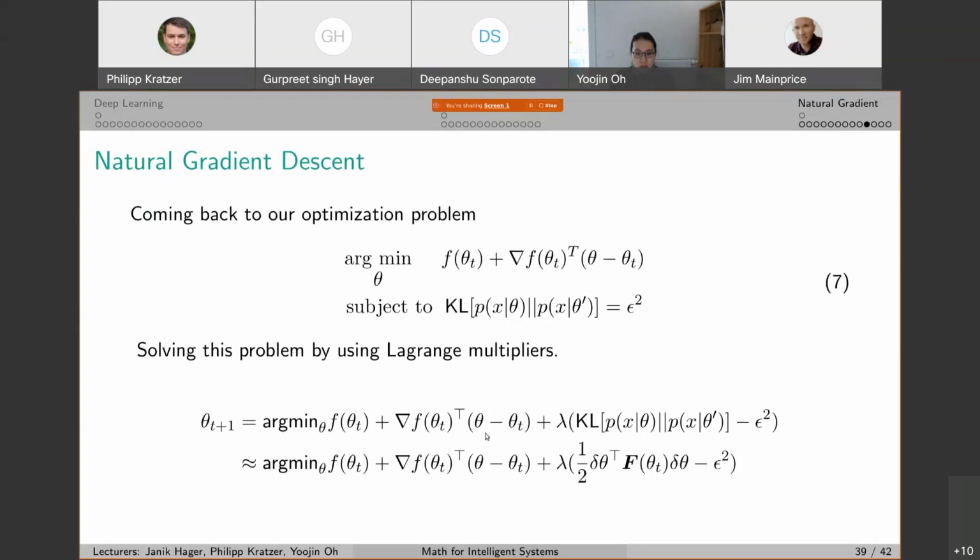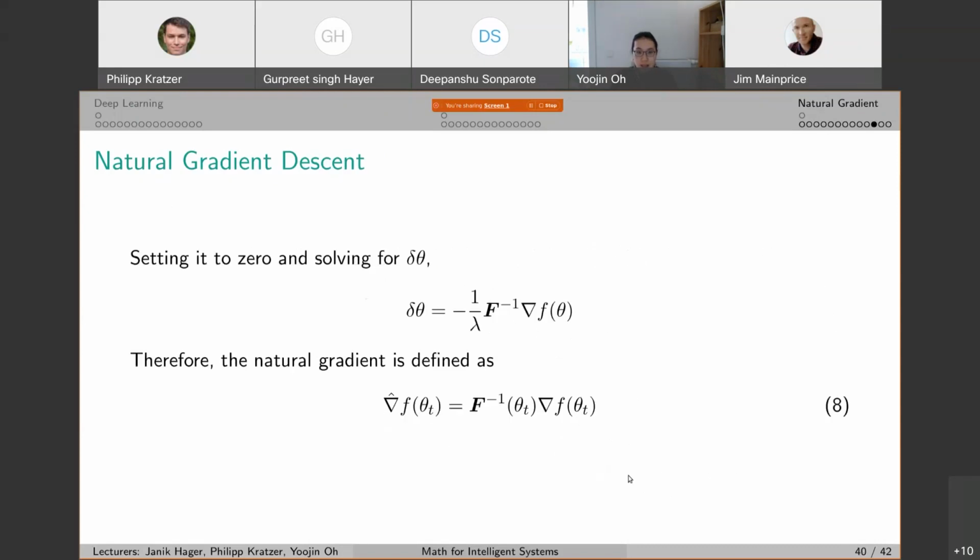Similar to what we do for gradient descent, we can solve the problem using Lagrange multipliers, where this KL divergence is replaced by the weighted norm using the Fisher information matrix. And similar to what we did for gradient descent, we can set the gradient to 0 and solve for the delta parameters, the delta theta, and then we get the natural gradient, as defined in the equation.